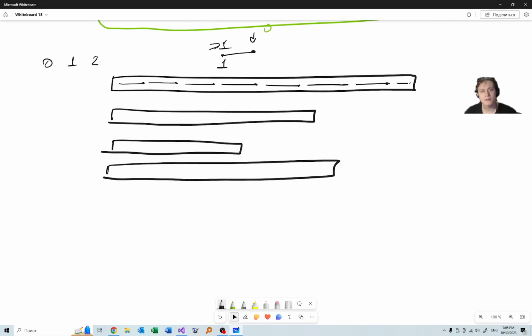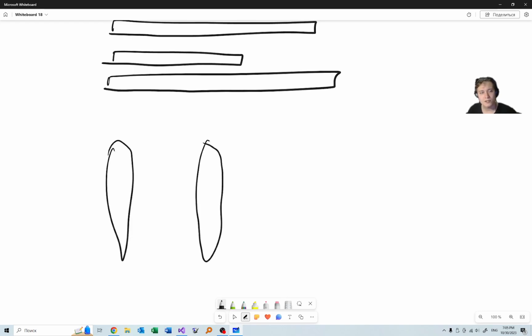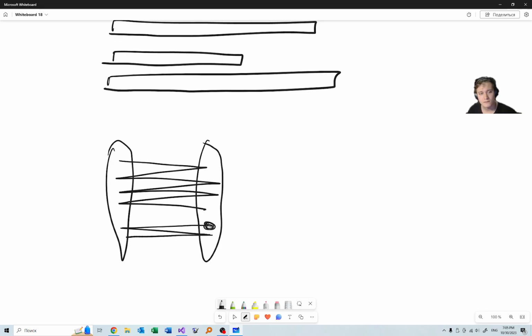So maybe this can be considered as a graph, a bipartite graph, in which there are several edges and also several vertices. So there are several edges and some vertices are called highlighted.